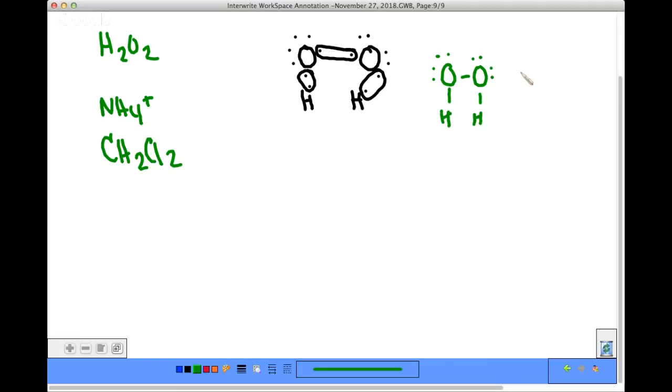You could have one hydrogen going off to the side. It really doesn't matter. But what you want to look at is what each atom sees. So here's oxygen. It sees 2, 4, 6, 8. Here's this oxygen. It sees 2, 4, 6, 8. And this hydrogen right here sees 2 each. So then you know that is the correct structure.